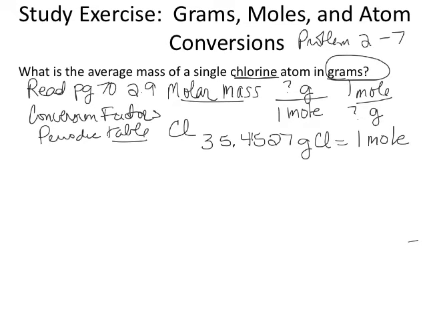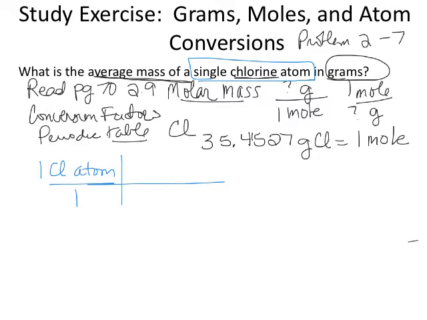And then they ask, what is the average mass? Now the key here, though, is a single. So what's given to you? This is your given. A single means 1 chlorine atom. That's what's given.